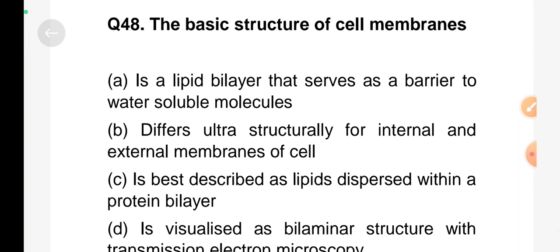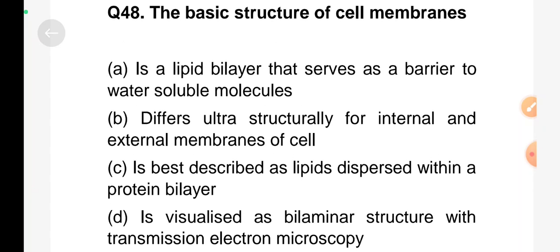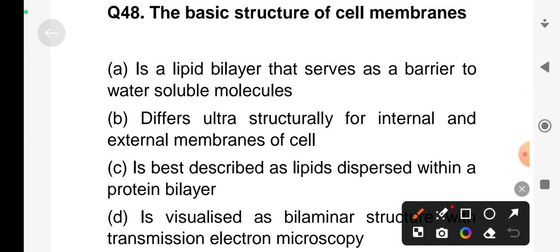Option B differs in ultrastructure internal and external membrane of cell. Option C is best described as lipid dispersed within a protein bilayer. Option D is visualized as bilaminar structure with transmission electron microscopy. Right answer is option A. Is a lipid bilayer that serves as a barrier to water soluble molecules.